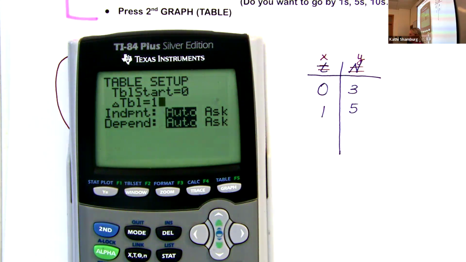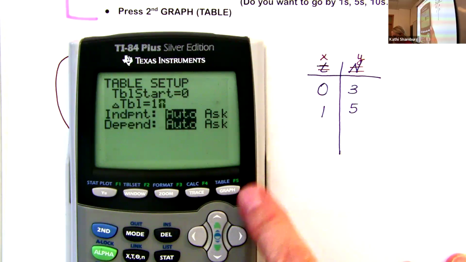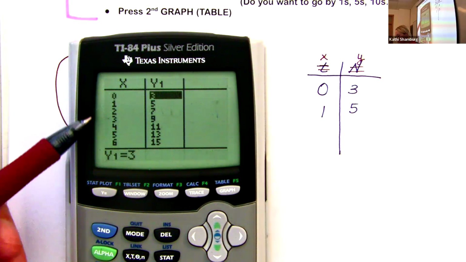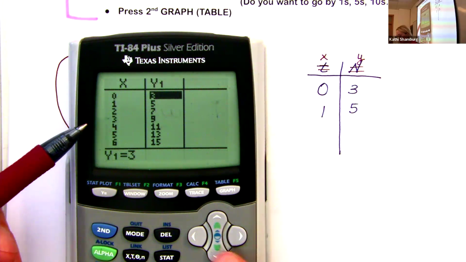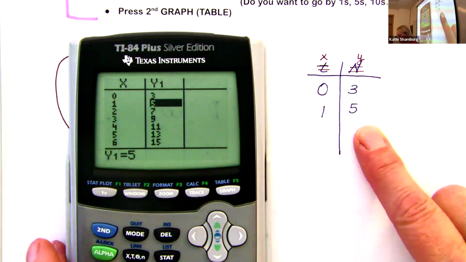All right, so then the next bullet point says press second and then graph, because if you'll see in blue above this button, it says table. There's my table. So where the 0 is, if you look to the right, there's where that 3 is. They put in 1 into the equation and we got 5.